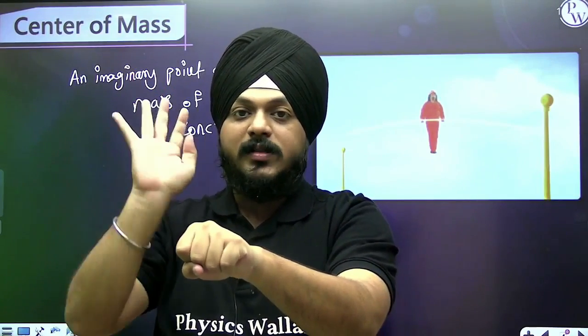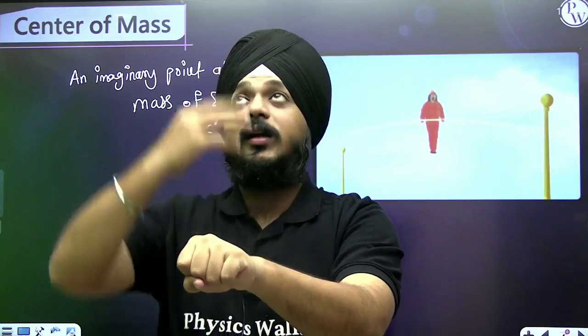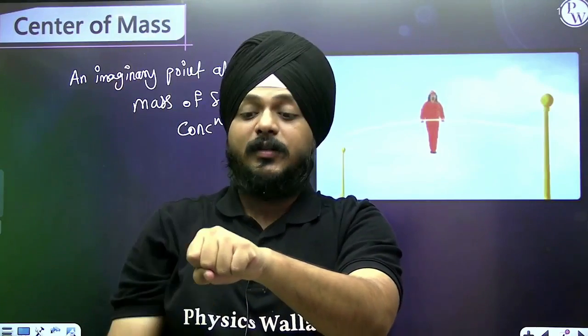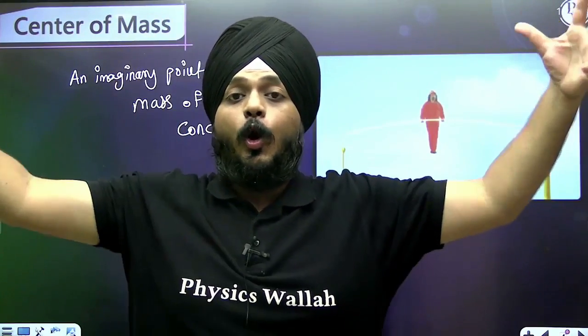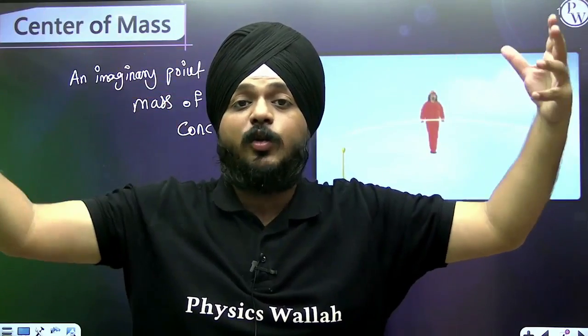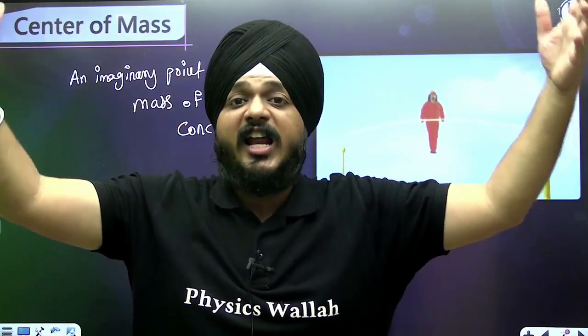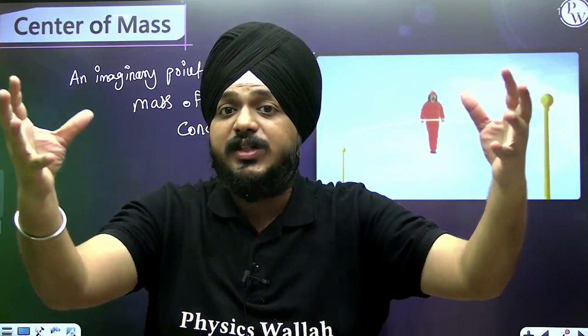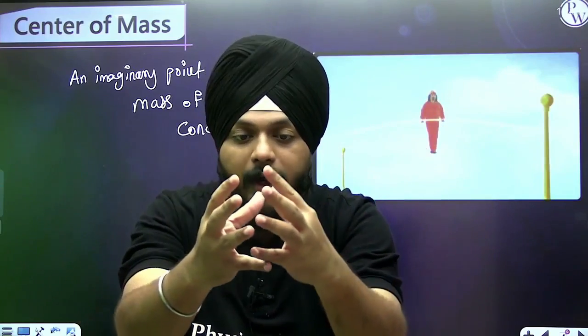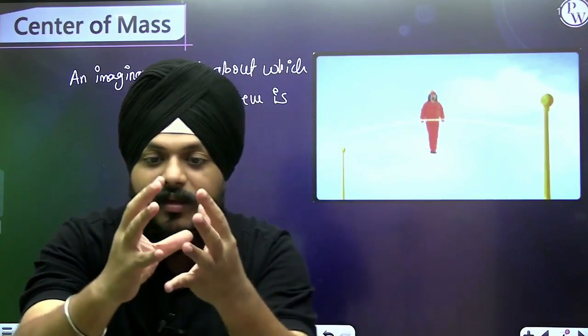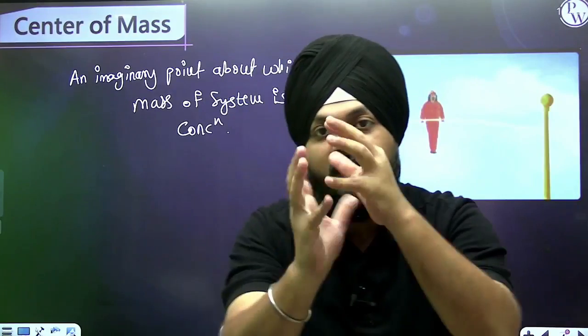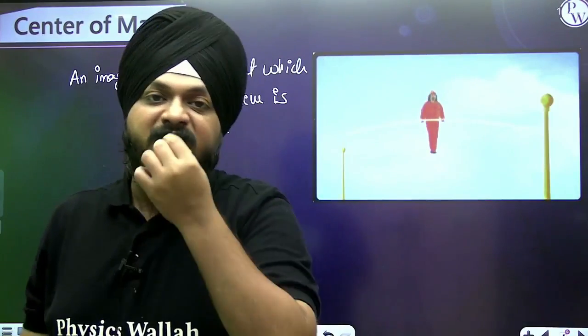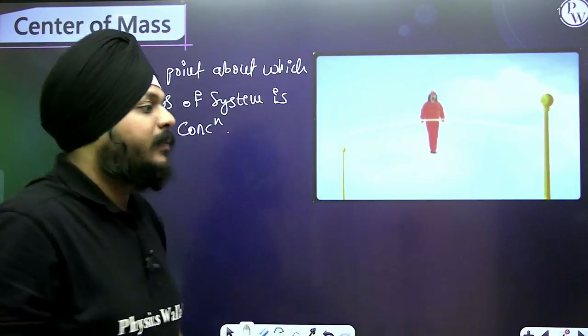The mass of the rear wall is shrinking to this point. The mass of the ceiling, the mass of the floor, all of the masses of all of those walls are simultaneously shrinking at a specific point. This imaginary point is the center of mass.